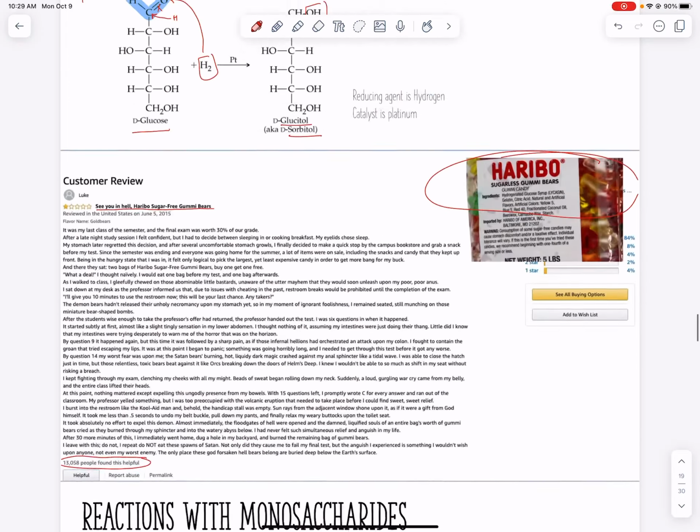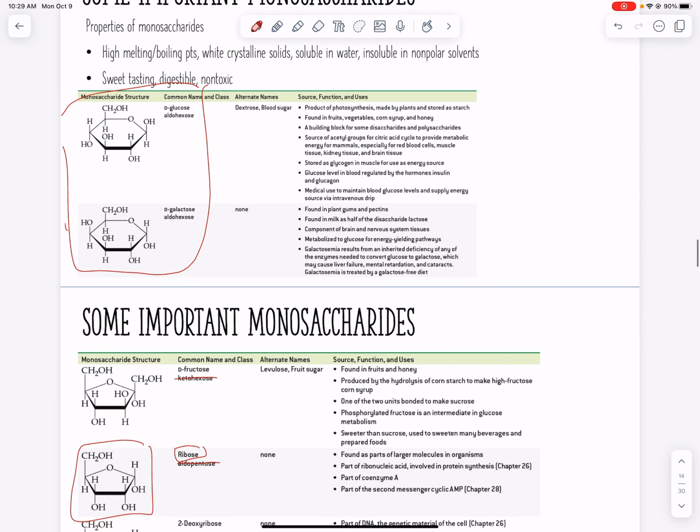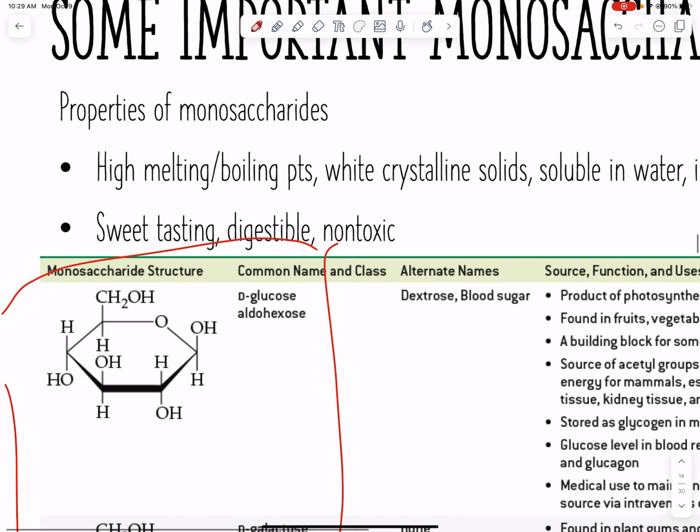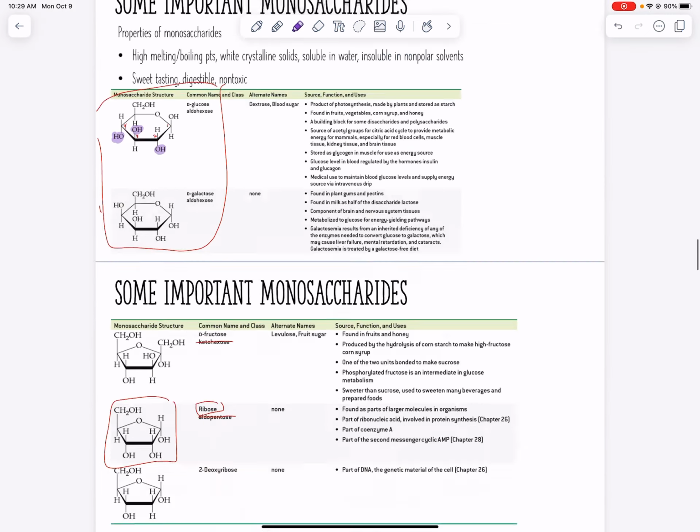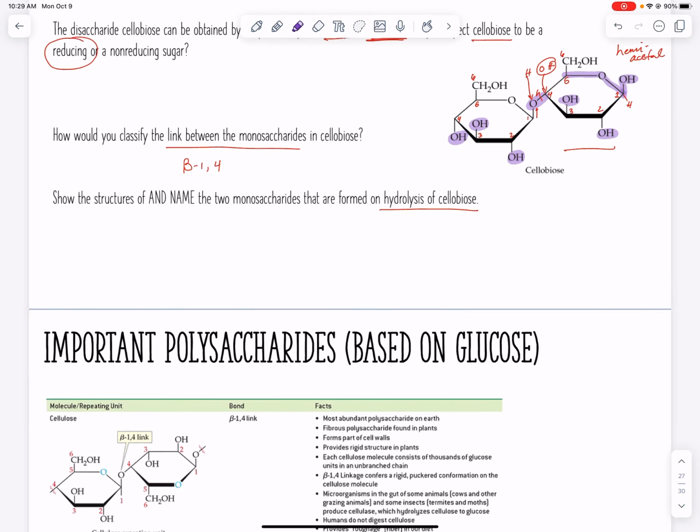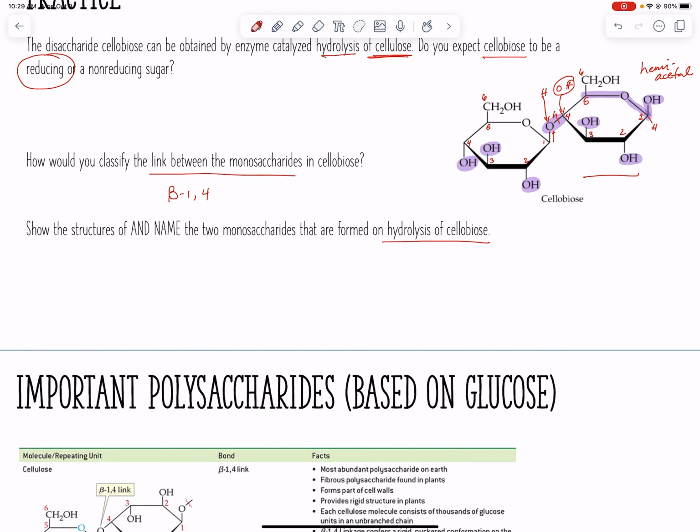So you go back up to these tables right here, and the monosaccharide that matches that on carbons 2, 3, and 4, if we number these 1, 2, 3, 4, you'll see glucose is down, up, down. So when you digest or hydrolyze cellobiose, you're going to get 2 identical monosaccharides of glucose. All right, and then the only thing we have to decide right here is whether those monosaccharides are alpha or beta. The first one, since this is oriented up, would be a beta glucose.